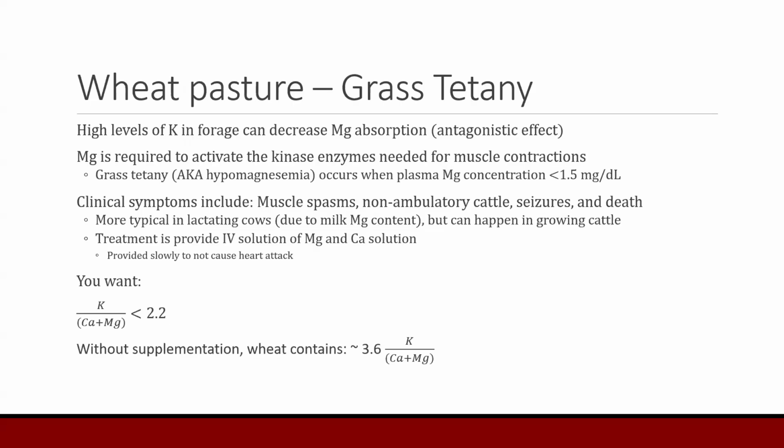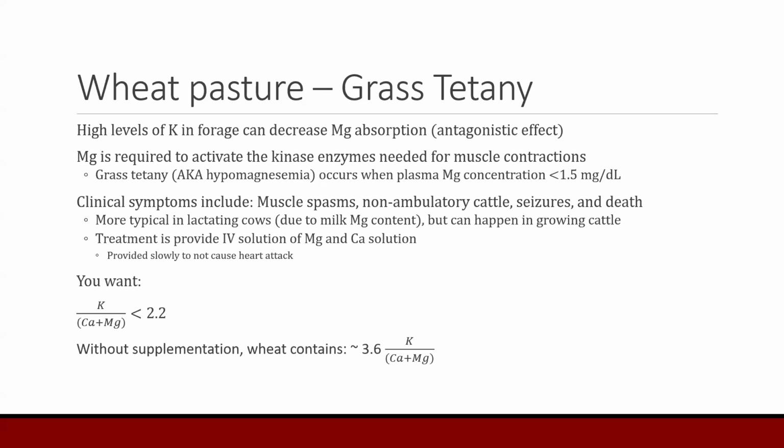Okay. Specifically on wheat pasture, grass tetany: high levels of potassium in forage can decrease magnesium absorption. They have an antagonistic effect. Magnesium is required to activate the kinase enzymes, which are needed for muscle contractions.